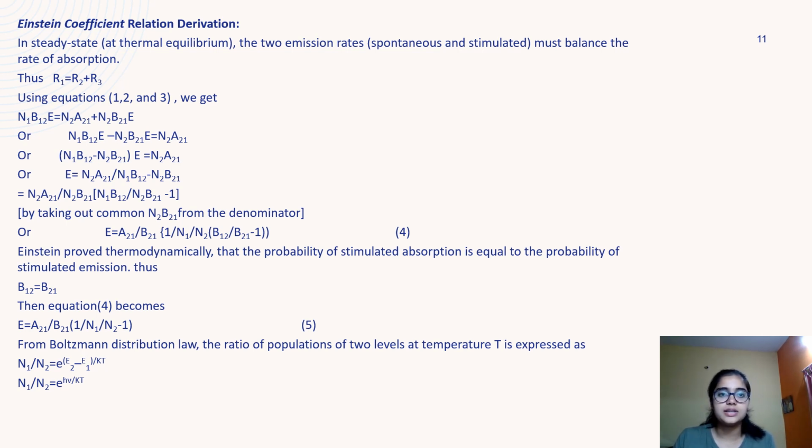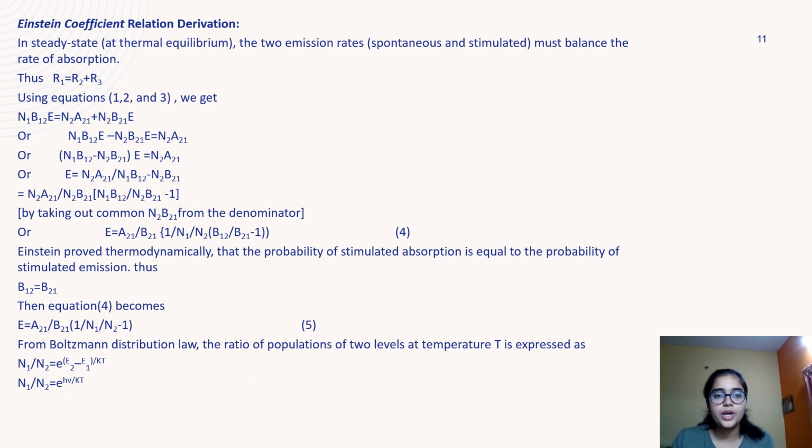Now let's do the derivation by using the relation of Einstein's coefficients of the three processes. In steady state at thermal equilibrium, the two emission rates, spontaneous and stimulated, must balance the rate of absorption. Thus, R1 is equal to R2 plus R3. Using the three equations, which were induced absorption, stimulated emission and spontaneous emission, we get N1B12E is equal to N2A21 plus N2B21E, which gives E is equal to N2A21 by N1B12 minus N2B21.